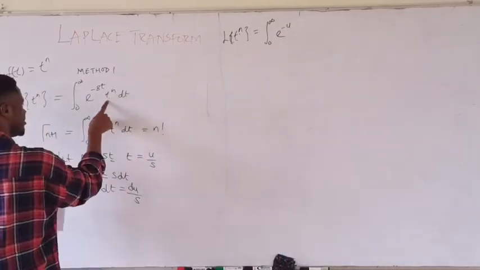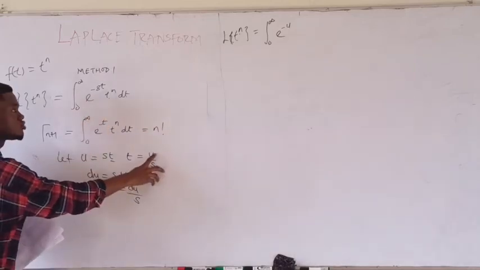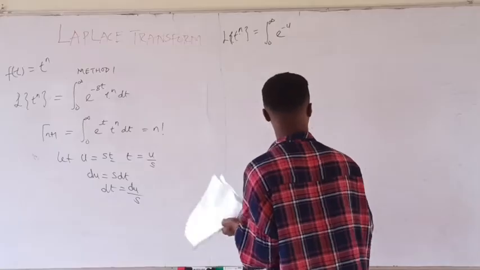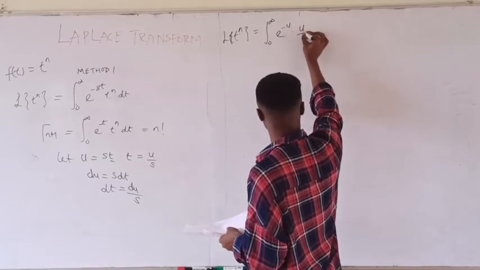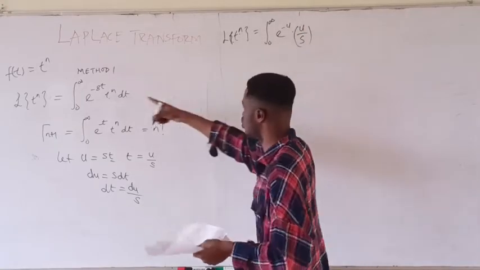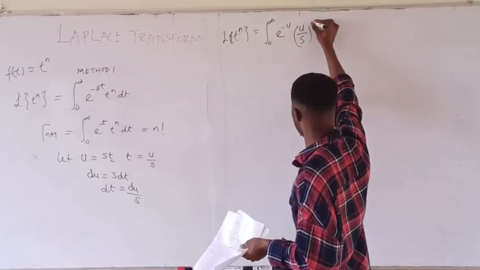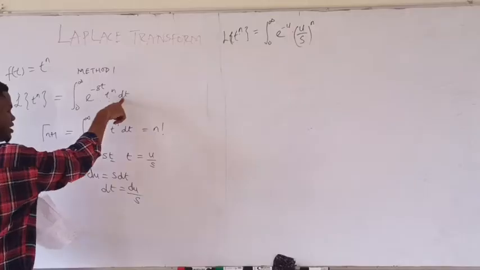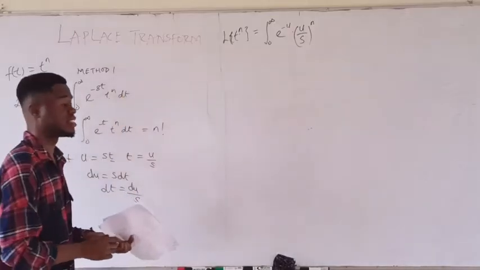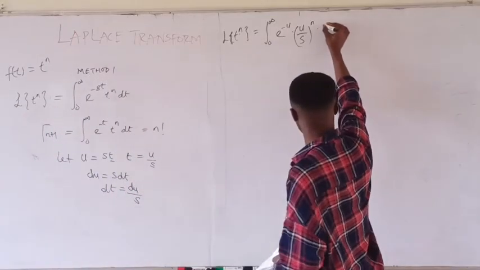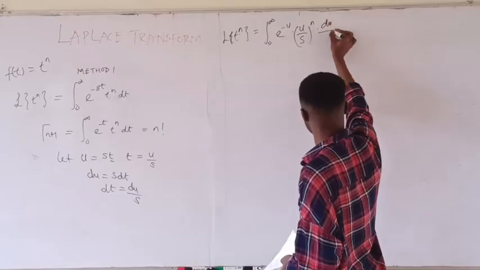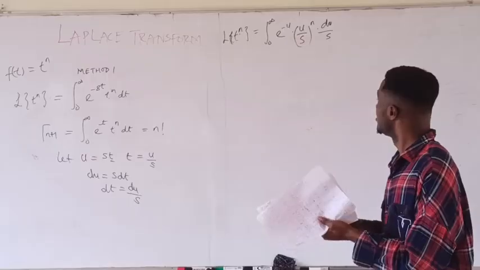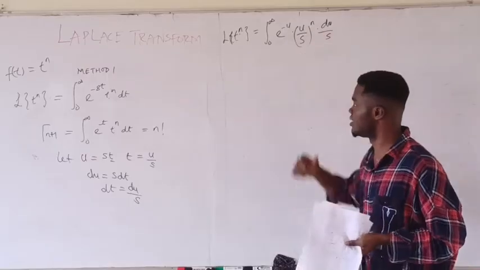So exponential of minus u. Now, since t is equal to u over s, that means u over s replaces t, and remember that t was raised to the power of n, so it is raised to the power of n. And the dt here is du over s. Alright, the next thing is to break down this integral.